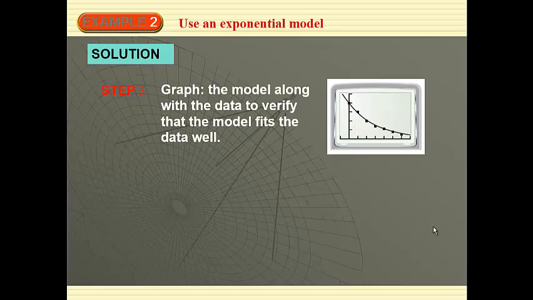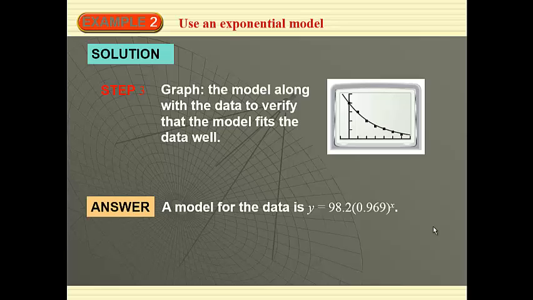So step 3, graph the model along with the data to verify that the model fits the data well by entering your equation y equal 98.2 times 0.969 to the power x into the y feature, and then you graph it, and you will see and verify that the model fits the data well.